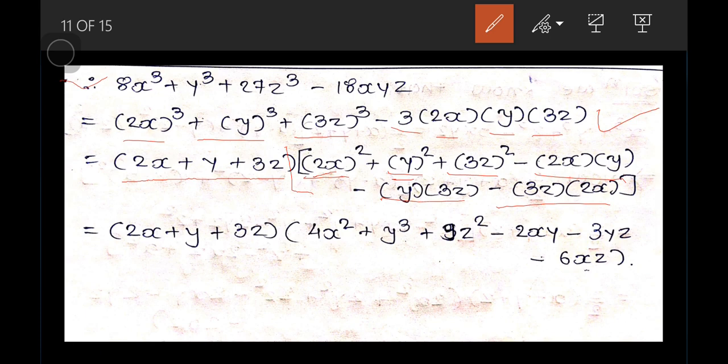And we simplify this form: (2x plus y plus 3z) into in bracket 4x square plus y square plus 9z square minus 2xy minus 3yz minus 6xz. So with the help of all these identities, you can factorize or expand the given cubic or quadratic polynomial.